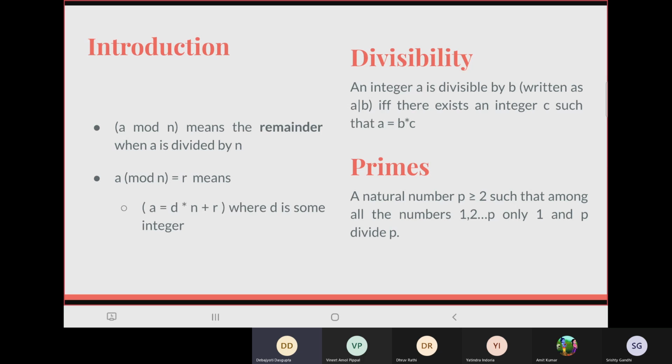Just remember this. If this is not clear to anyone, because this is very fundamental, you can say so right now. I guess this is very trivial: A is divided by n, giving a remainder R.